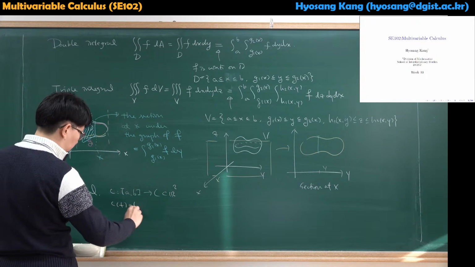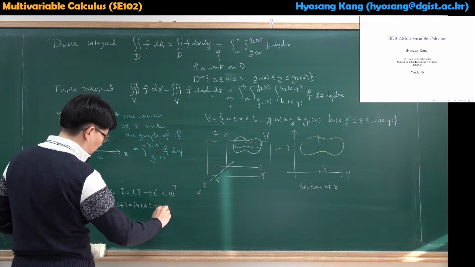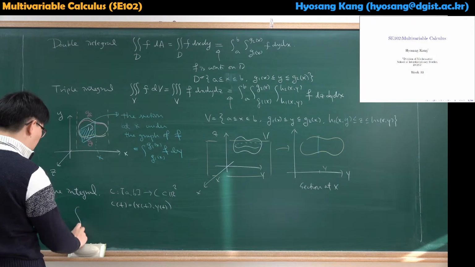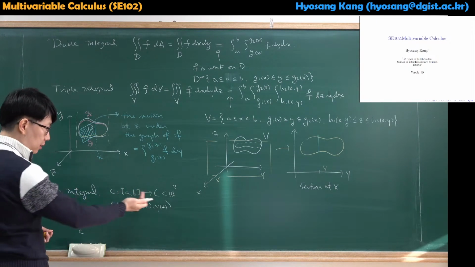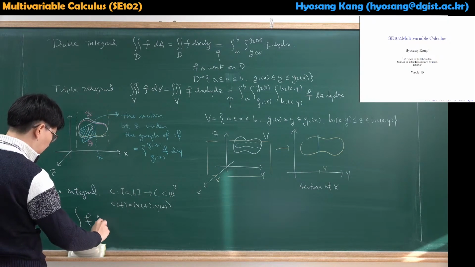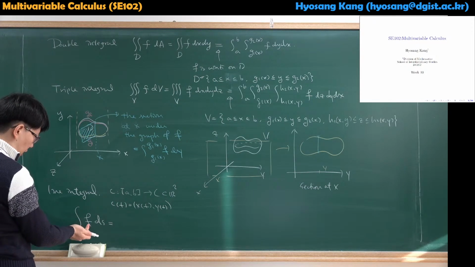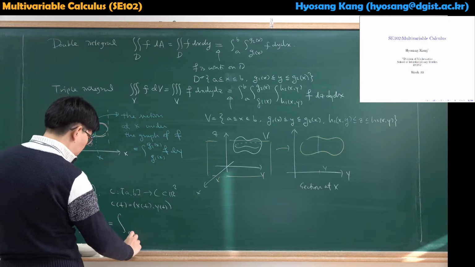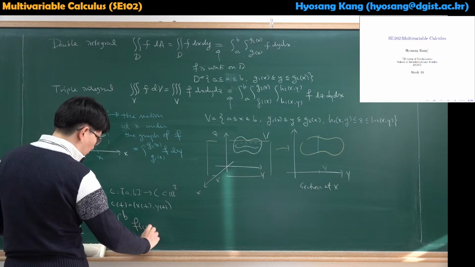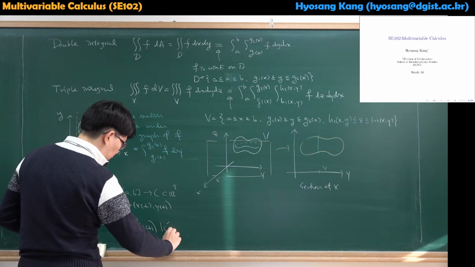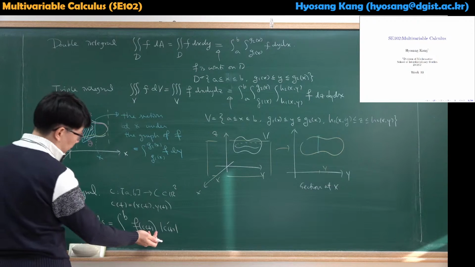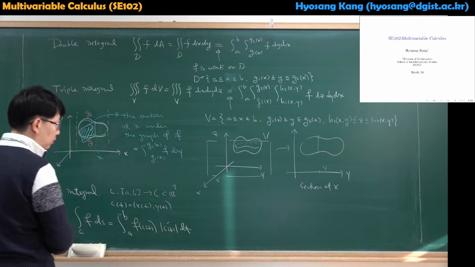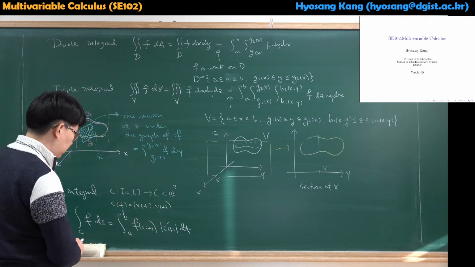I will write this C(t) as (x(t), y(t)), where x(t) and y(t) are coordinate functions for the x coordinate and y coordinate on this curve C. So when the function is defined on this curve C, then we say the line integral, denoted by the integral of f ds, where s is a small s, not capital S, is defined to be the integral from a to b of f composed with C(t), multiplied by the norm of the vector C'(t), using the same absolute value symbol, but it's a norm of the vector. This is a line integral.